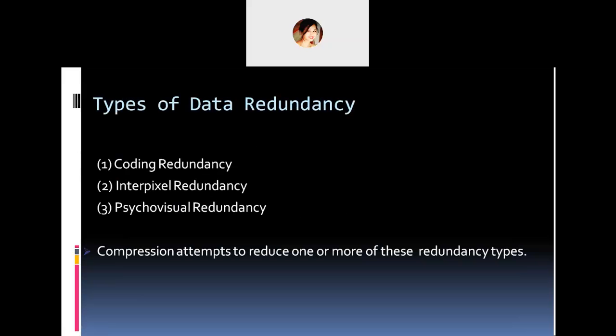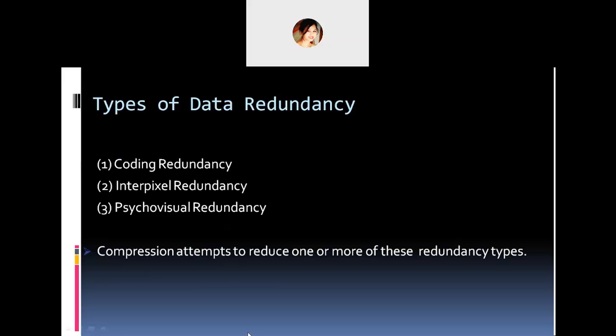Then we have types of data redundancy. In image compression, we talk about some types of data redundancy. We have another type known as chromatic redundancy, which is related to colors in an image, but that is not so important. Here we study only 3 types: coding redundancy, interpixel redundancy, and psychovisual redundancy.